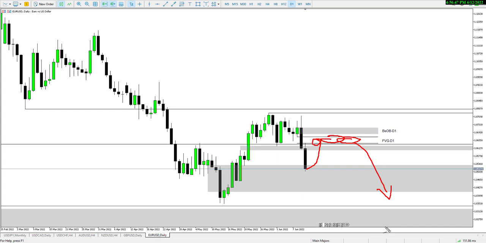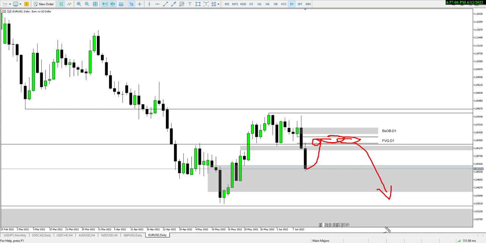What catalyst can you get there? What can provide the reason for you to be a seller, say around 1.06500 on euro USD? That's positive news for the dollar, or negative news from the euro zone.